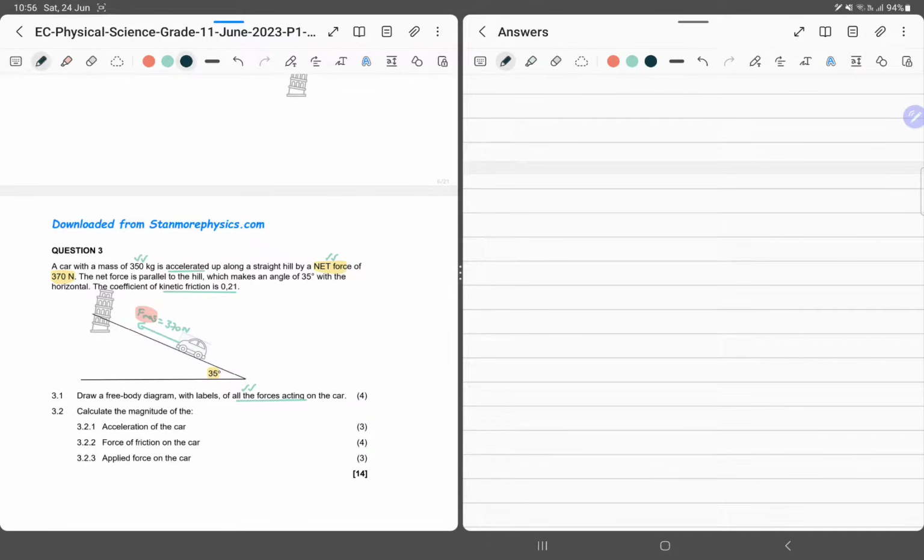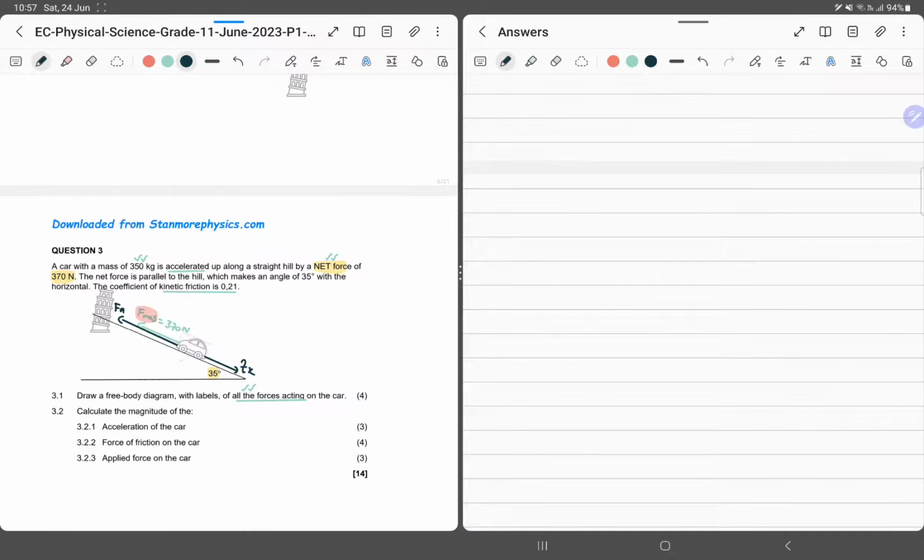Obviously, we know that there's going to be an applied force, which is supposedly going to be greater than the resultant force. Maybe let's make it look like that. So there's going to be an applied force. We always call it an FA. Then there's going to be friction opposing the direction of motion.